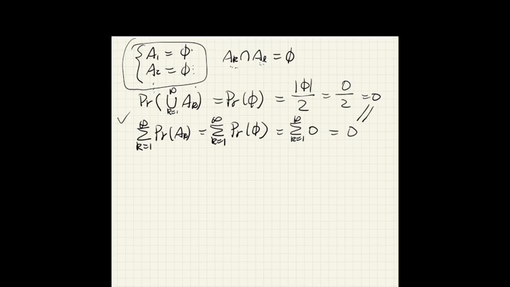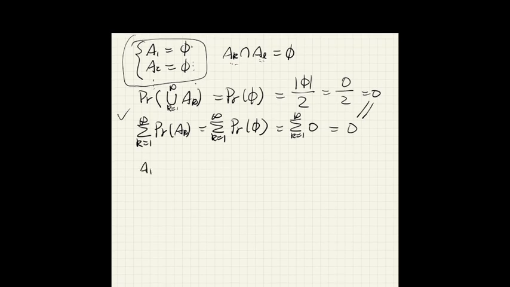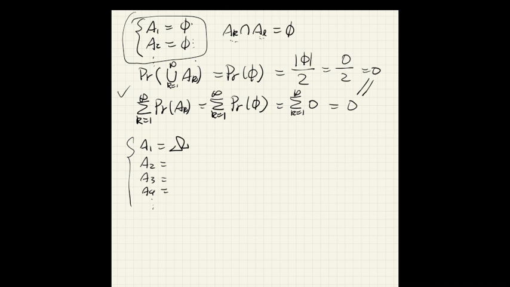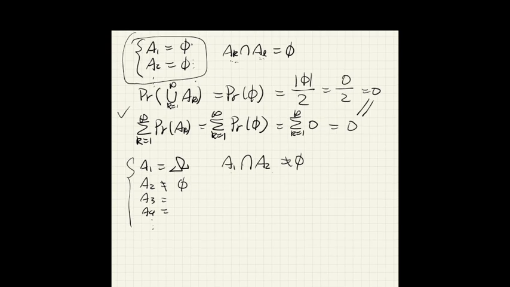Now, let's say A1 is omega itself. Then what can be A2, A3, A4, and so on? Suppose A2 is not the empty set. Then the intersection between A1 and A2 is not empty. But that is not our assumption, right?